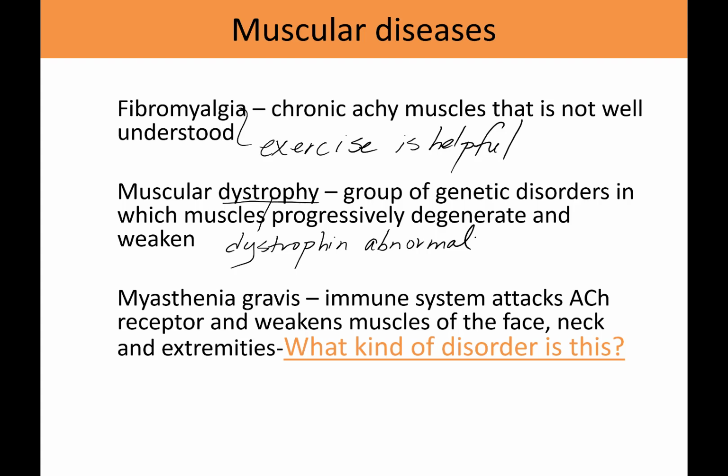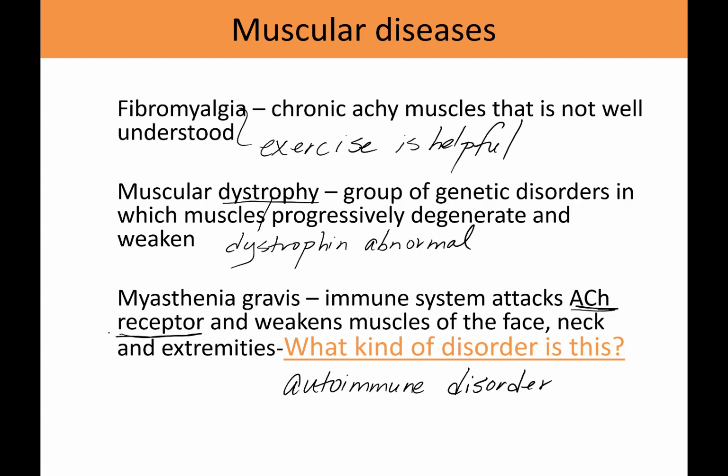Myasthenia gravis is an autoimmune disorder. So you can put it into the same category as lupus, type 1 diabetes, rheumatoid arthritis. So basically this is a hypersensitivity where your immune system thinks that the acetylcholine receptor on the sarcolemma is actually a foreign object, and it attacks it.